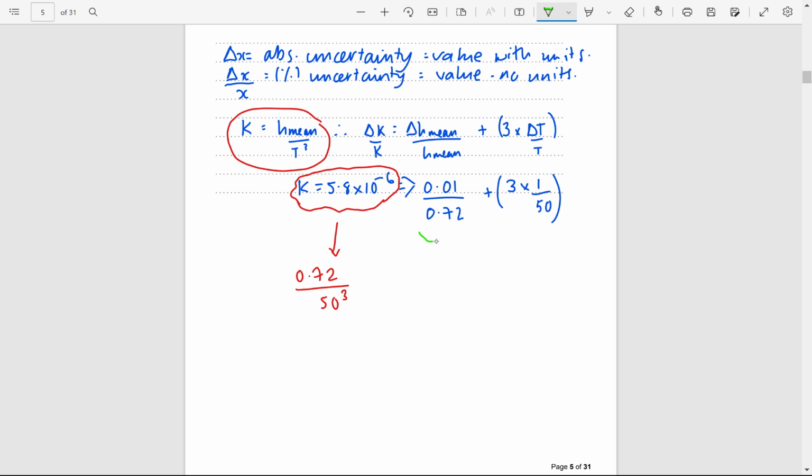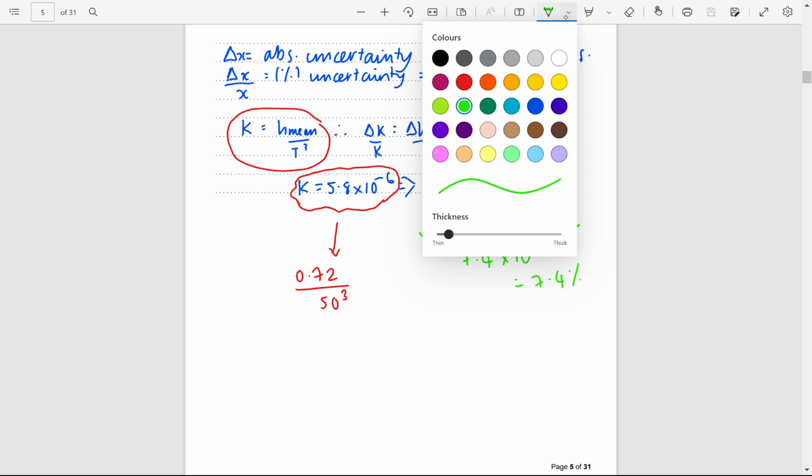And then if I work out what the uncertainty in K is, let me just work it out. Okay, so the uncertainty as a fraction is 7.4 times 10 to the minus 2, which is 7.4%. You just multiply by 100 to get it as a percent.